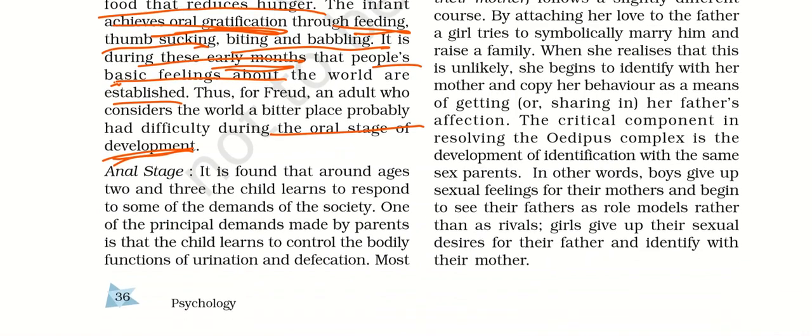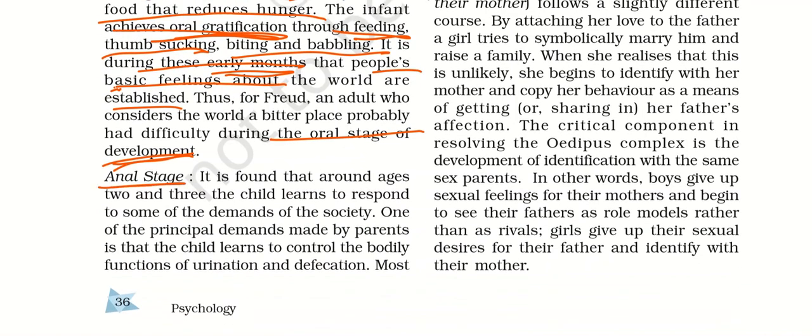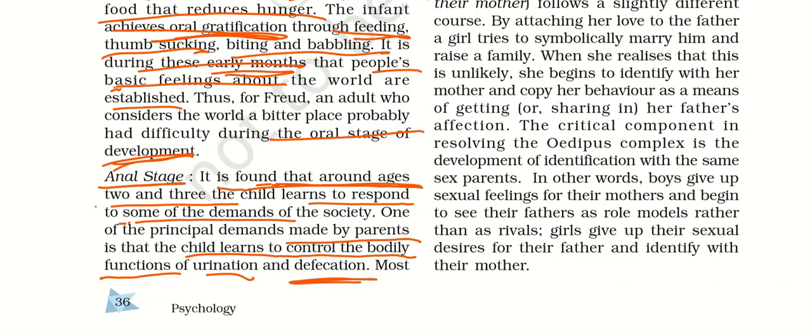Then we have another stage, which is the anal stage. It is found that around ages 2 and 3, children learn to respond to some of the demands of society. One of the principal demands made by the parents is that the child learns to control the bodily functions of urination and defecation.